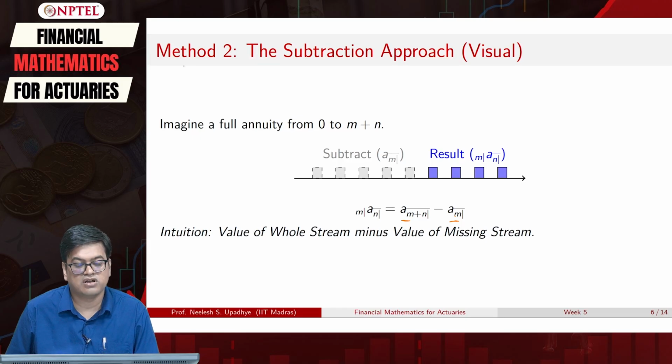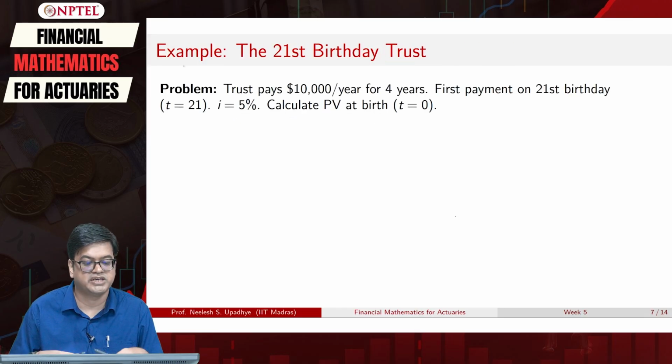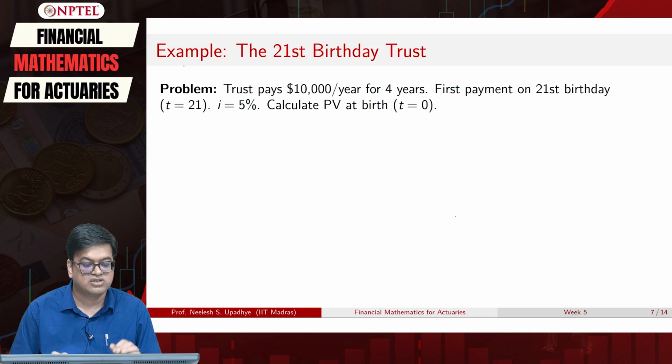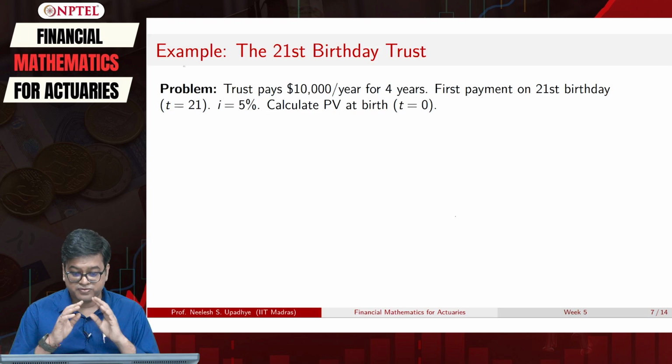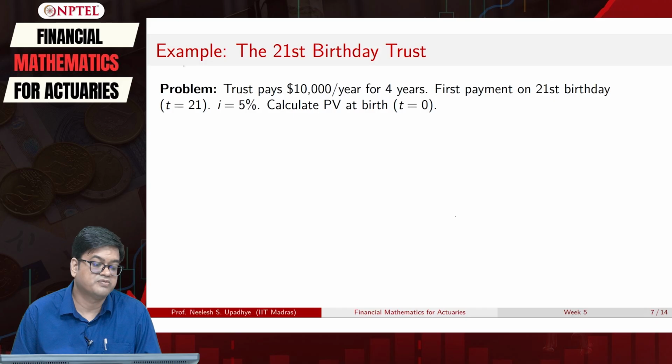Let us try to solve one problem which is like an ambitious parent invested in child's future. So this is the 21st birthday trust. Okay, so the trust pays $10,000 for 4 years to a child, where the first payment is due on the 21st birthday.